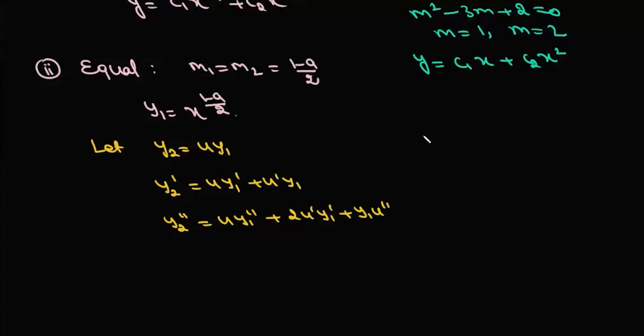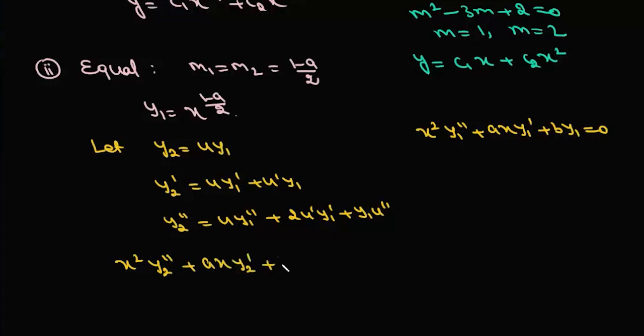Now y1 is the solution to this equation, so we can write x squared y1 double dash plus ax y1 dash plus b y1 equals 0, and y2 is also the solution to this equation, so we can write x squared y2 double dash plus ax y2 dash plus b y2 equals 0. Now we'll put the value of y2 dash and y2 double dash.